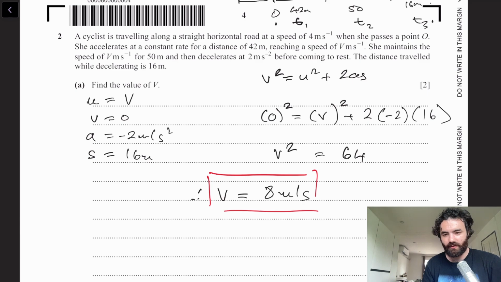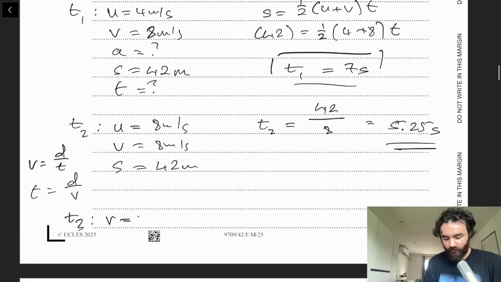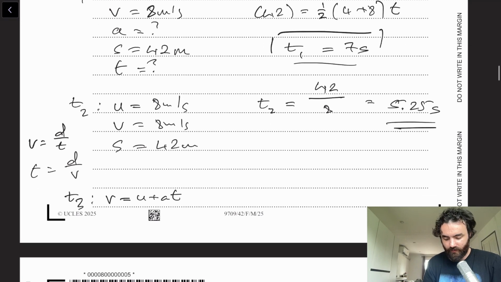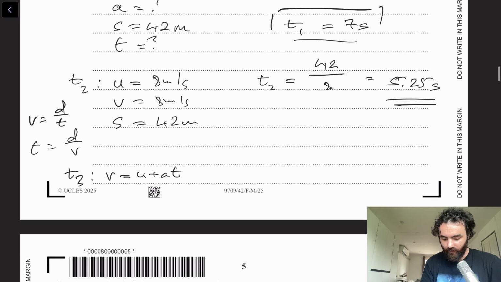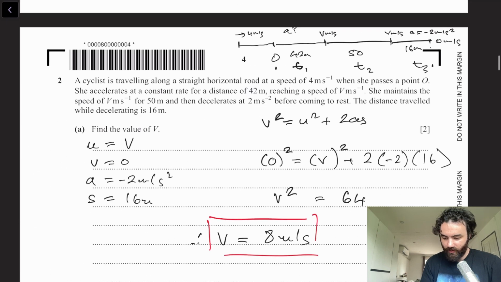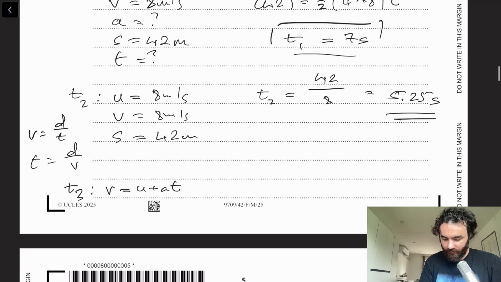Use V equals U plus AT, it's on your formula. So from this part here, our V initial is 8. So this is going to be 8 equals our final 0 plus minus 2, our acceleration, times T3.